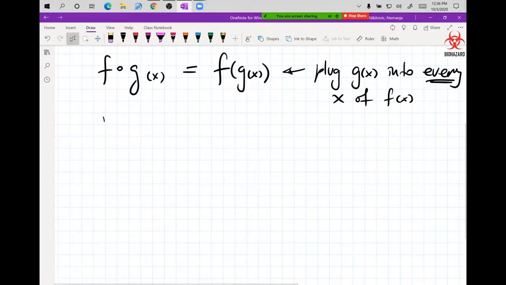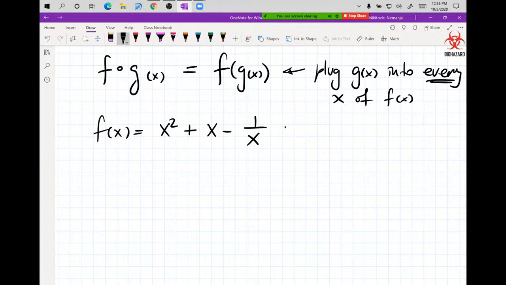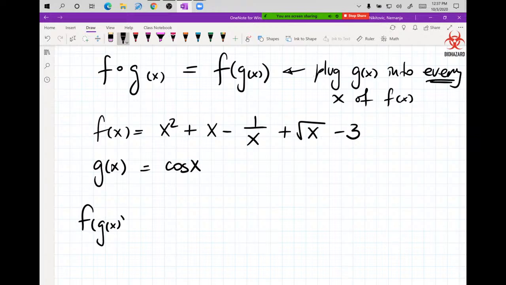So if I have my f of x to be x squared plus x minus 1 over x plus square root of x minus 3, and g of x is equal to cosine x, what is f of g of x?